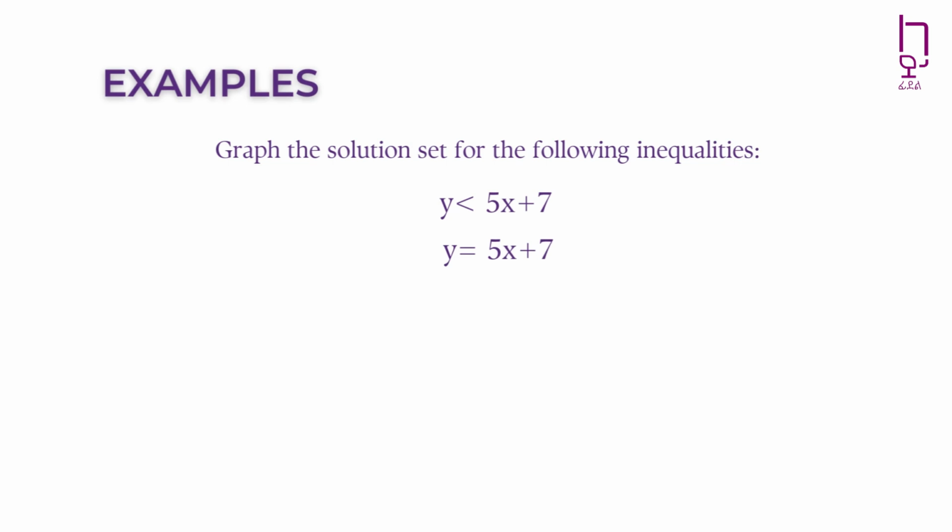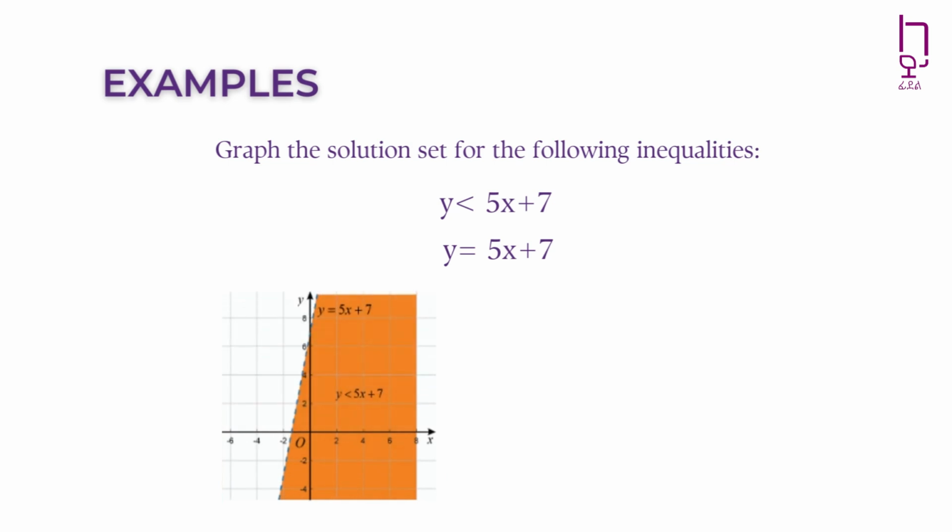So we draw the graph of 5x plus 7 equals y. Where does the graph cross the y axis? At 7. So you mark 7, and you also find one more point, like the x intercept, where y is 0. When we join both points, we get the graph. So now I have the graph of y equals 5x plus 7. Now I come back to the inequality. y is less than this graph, so I shade the area below this graph. When I shade, I get the orange section.